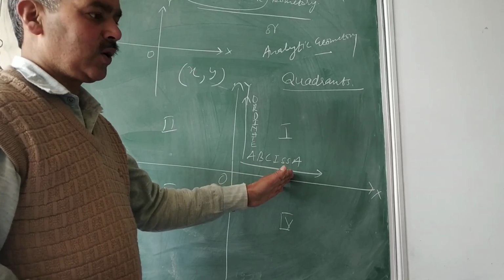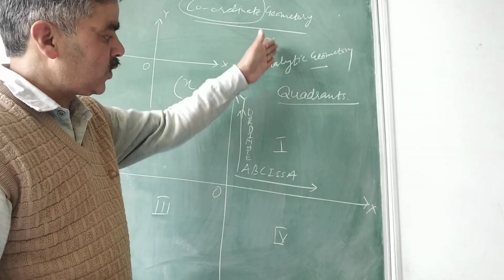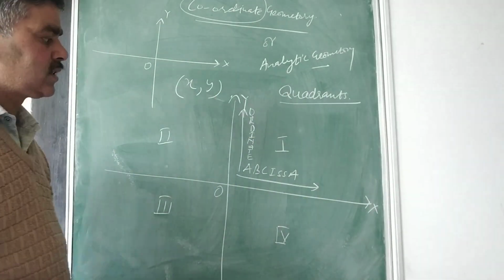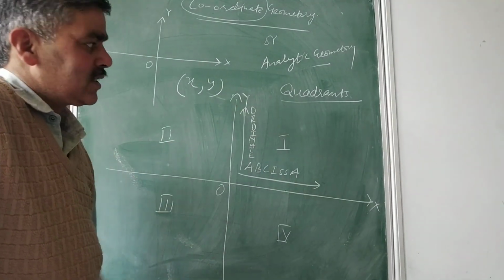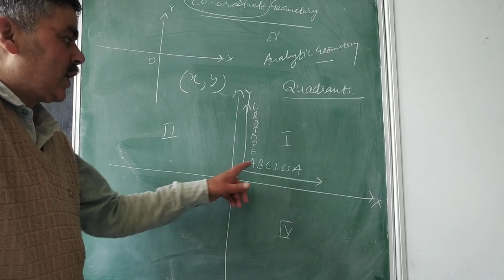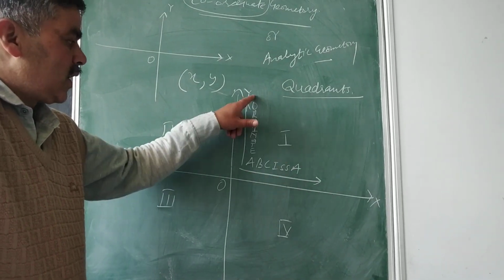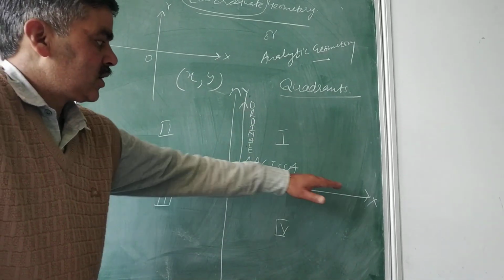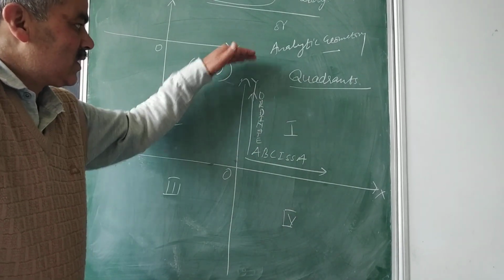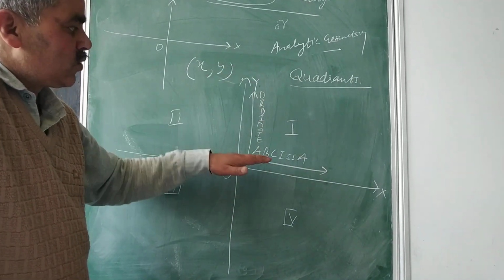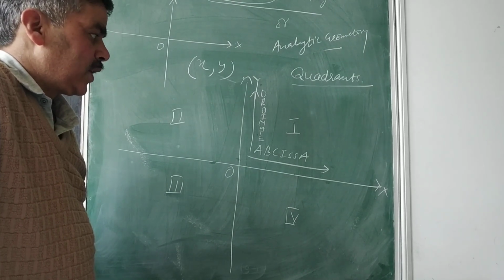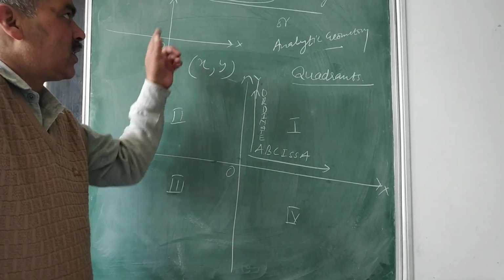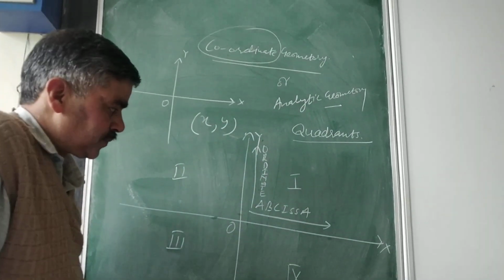First you have to locate on the x-axis, then from that point you have to move towards the y-axis. Ordinate is the distance along the y-axis. Both are Latin words, abscissa and ordinate. So abscissa is the distance along the x-axis and ordinate is the distance from that point we have to move towards the y-axis. Both at a time, that is why this is called coordinate.